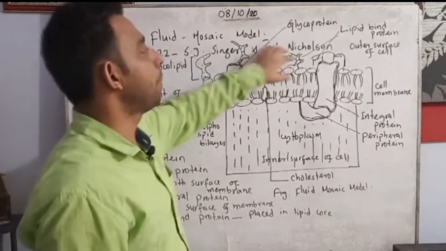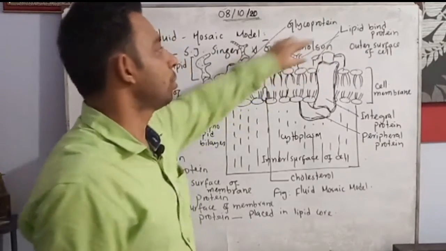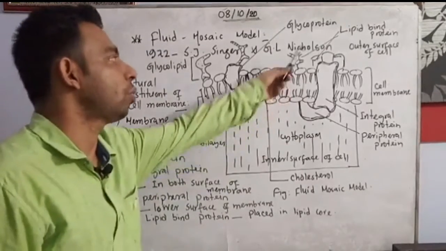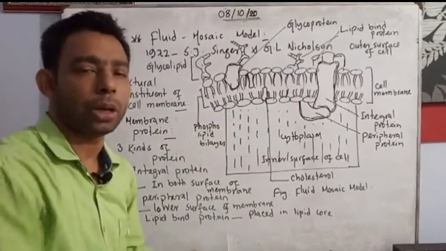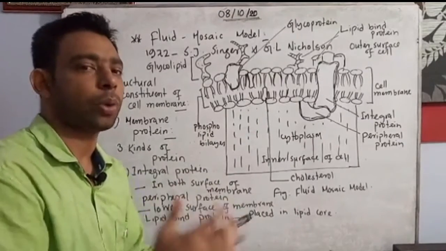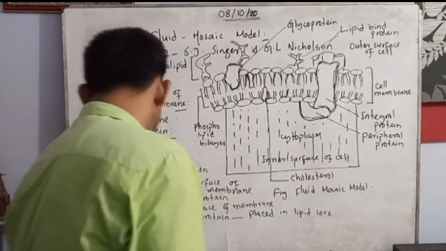They are also membrane proteins. Since they are placed in the membrane layer, they are counted as lipid bind protein, and since they are placed in the lipid core, they are also known as membrane protein. Okay, I hope you understood this one.